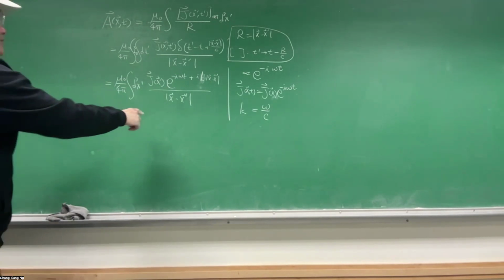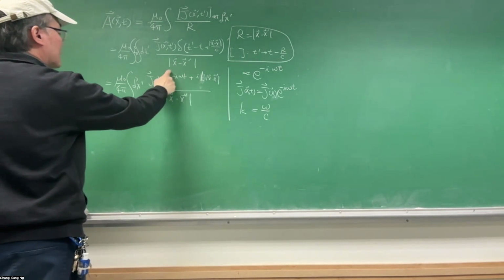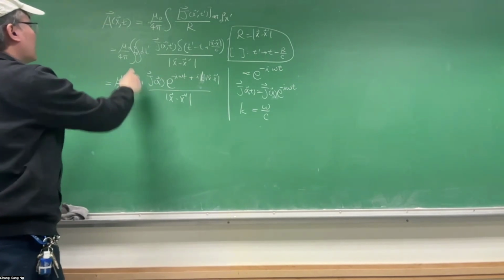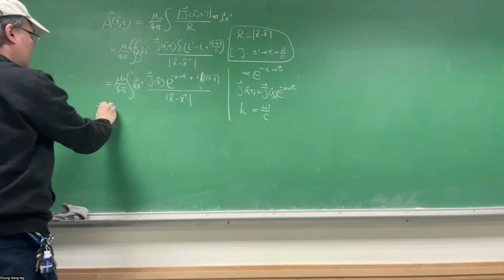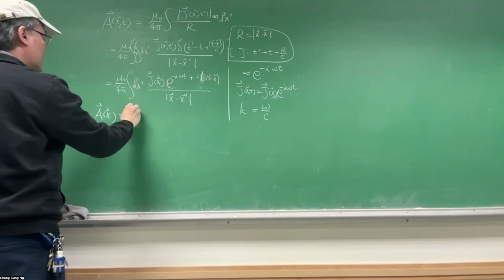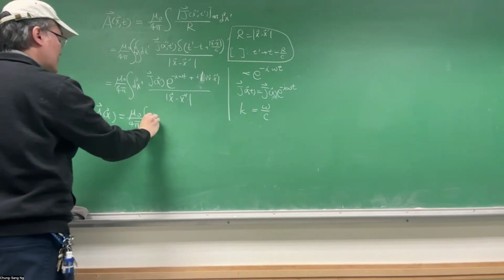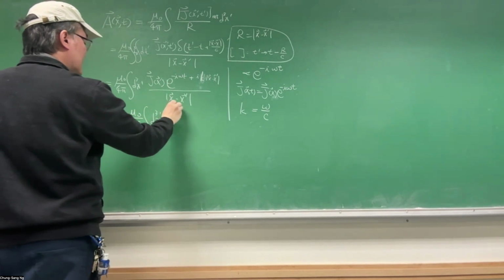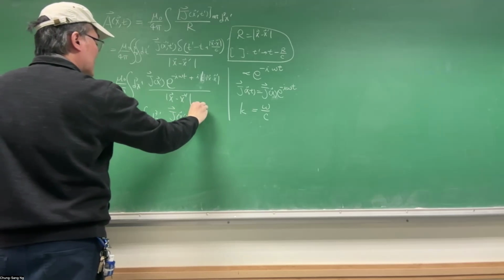So far so good. And this factor, you can take out this exponential factor, because everything is proportional to it. You can say that A(x,t) is also A(x) multiplied by this factor, so you only need to consider A(x).